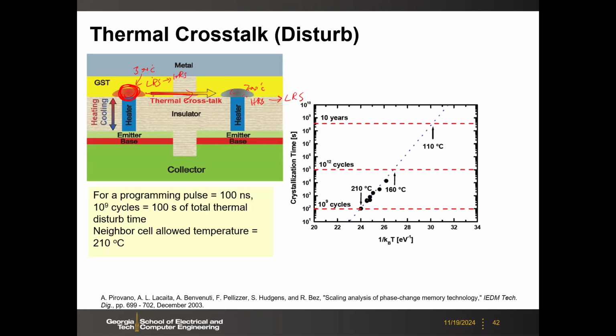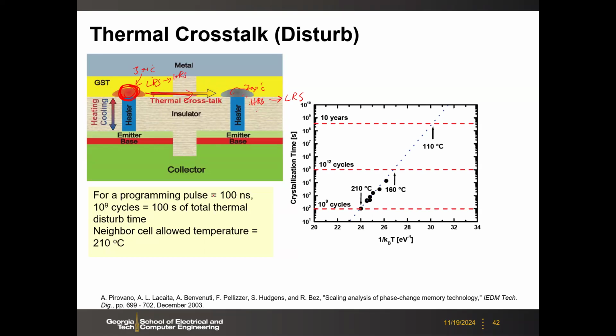But when the temperature drops to 200 C, if this cell happens to be in the high resistance state, this 200 C will help the HRS to gradually go to the LRS. So if you keep doing this, you create the thermal stress time.